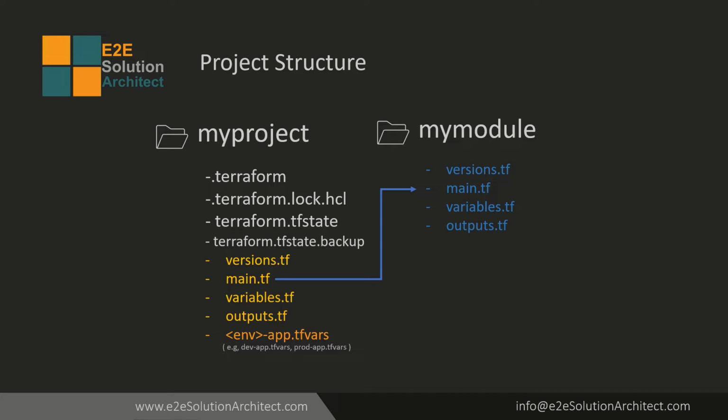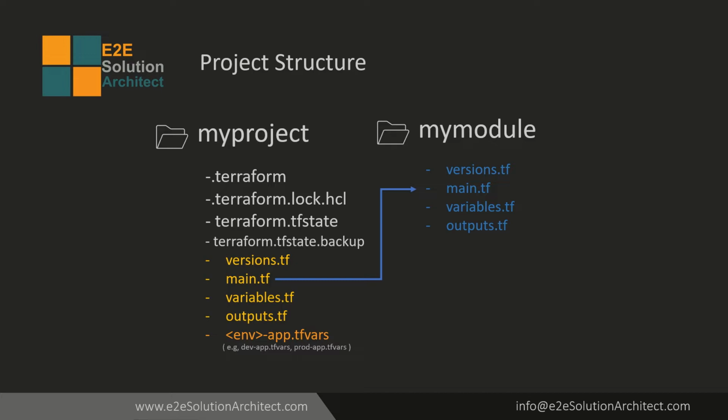Apart from the Terraform files, meaning .tf and .tfvars files, we have .terraform, which is a directory. When we initialize Terraform, it stores the required providers. Next is terraform.lock, which is for lock management.